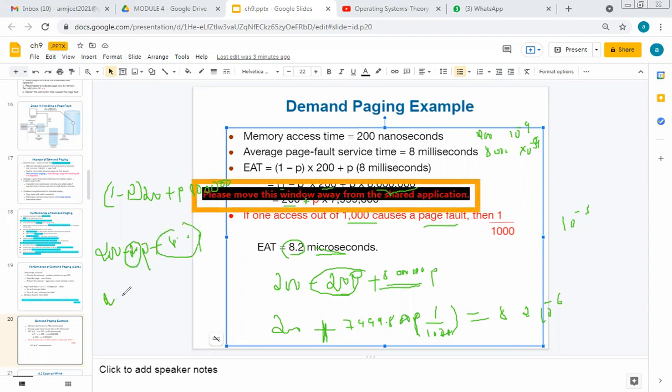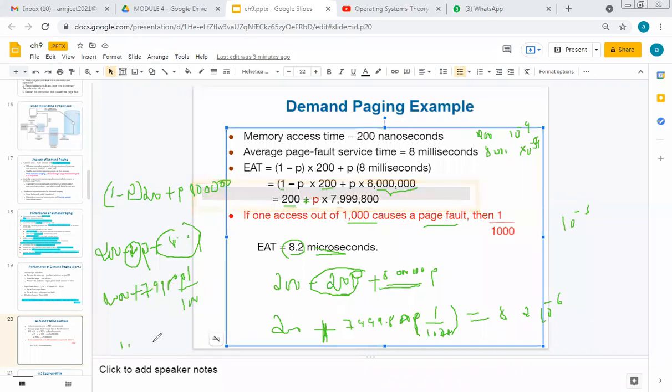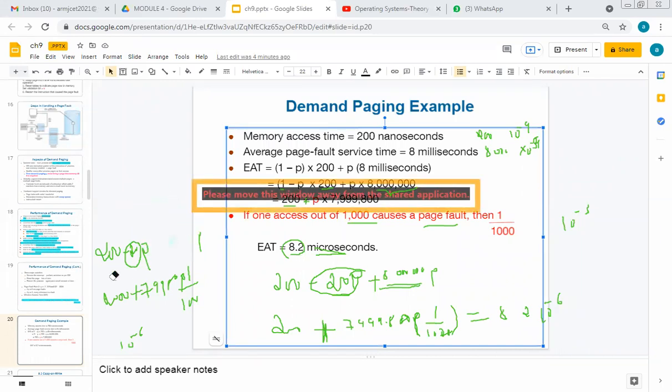So what we will get is 200 plus 7,999,800 times P. P I substitute by 1 by 1000, I get this value, convert it into the microsecond scale, and I got the answer of 8.2 microseconds. I hope it is clear now how to calculate.